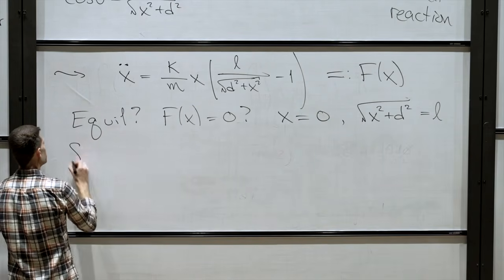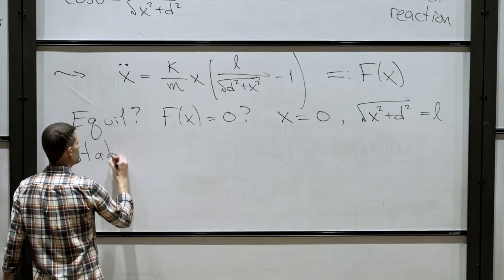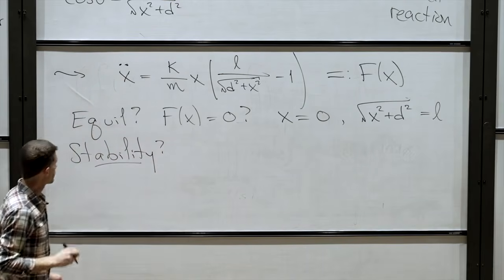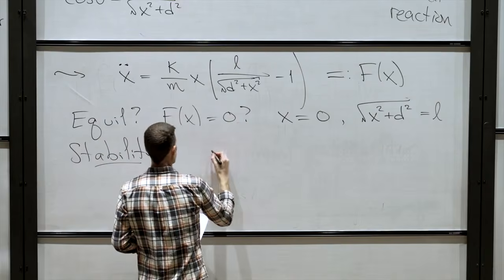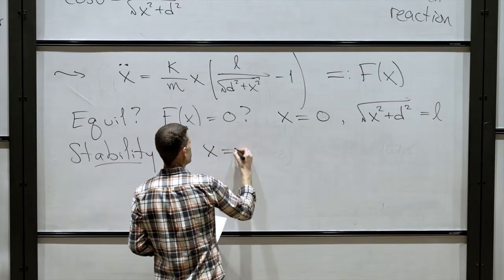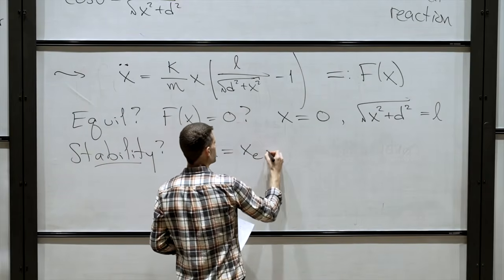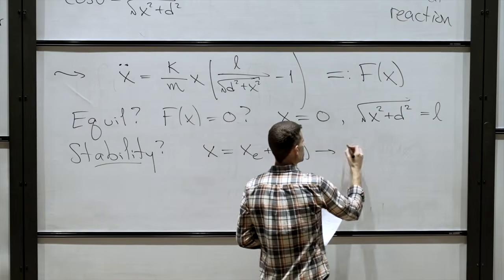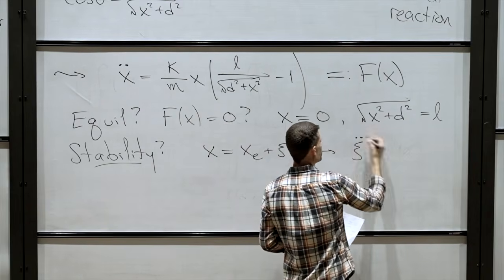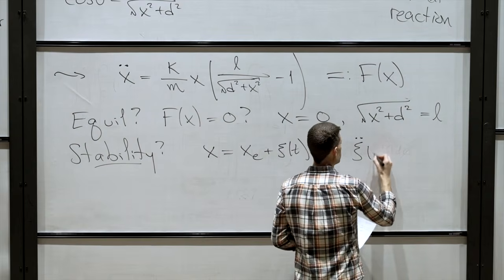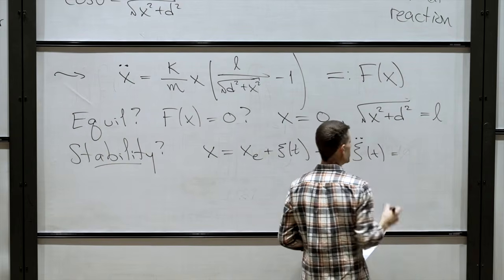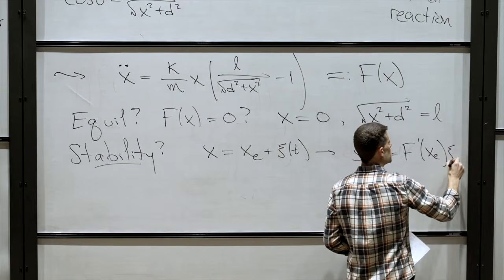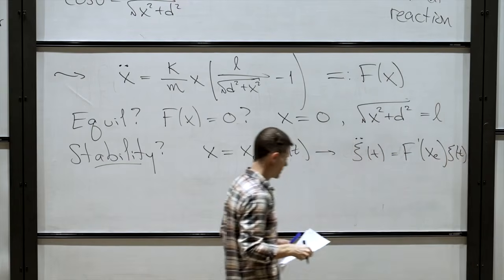So for stability, we play the game we've been playing over here. And, well, just write what we've already written. If I take x to be x equilibrium plus psi of t, we already know generically that psi double dot is approximately equal to f prime of xe times psi.